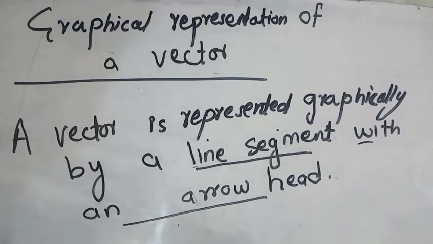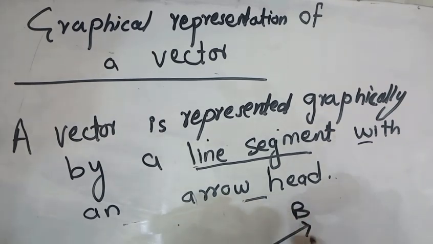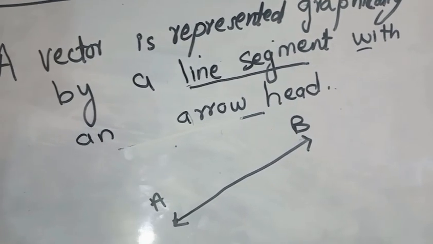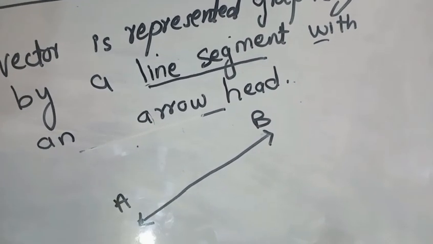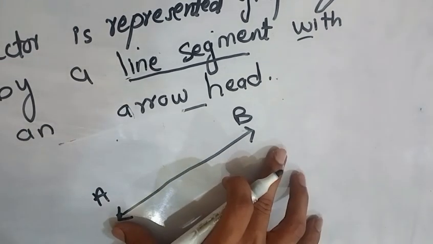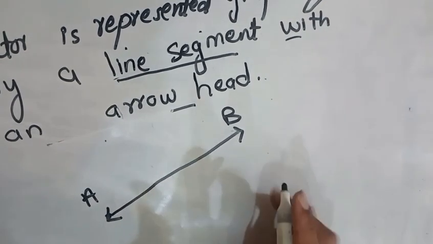For example, this is a line segment, this is A and this is B, direction A to B. This line segment is a representation of a vector.